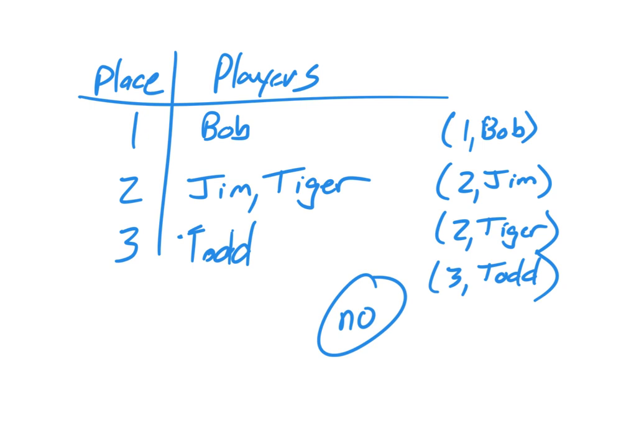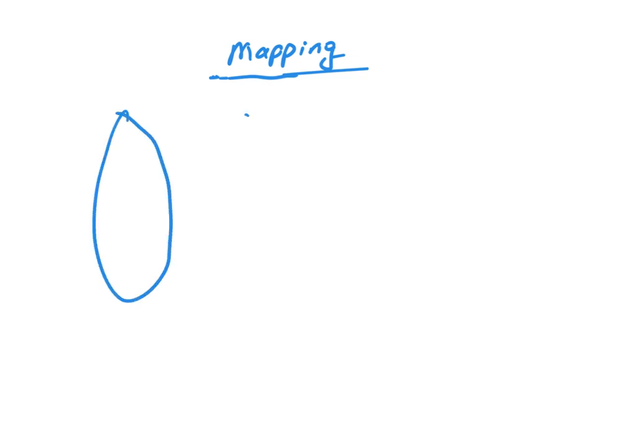Another one that we're going to see is what we call a mapping. In a mapping, we're going to have these 2 ovals. This essentially represents our x values. This is going to represent our y values.